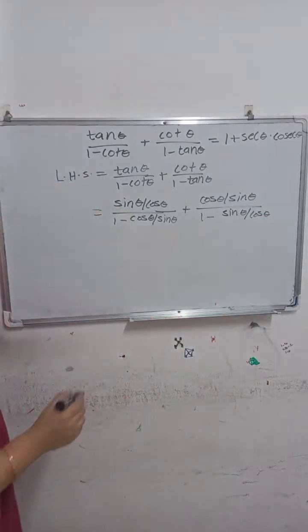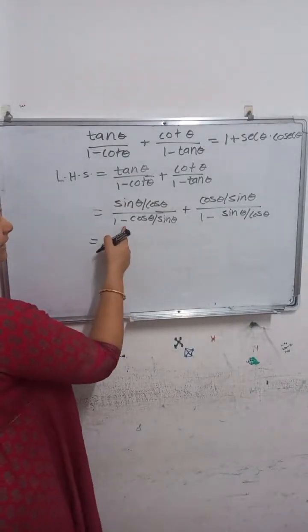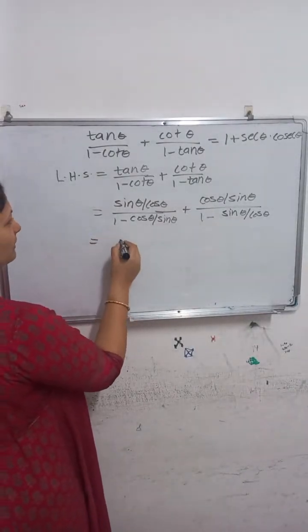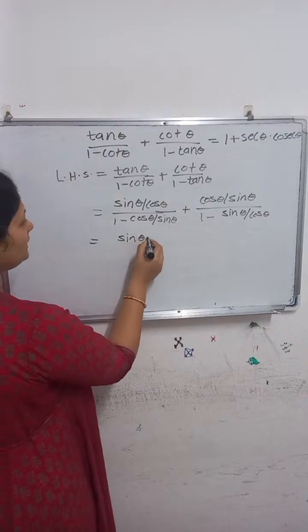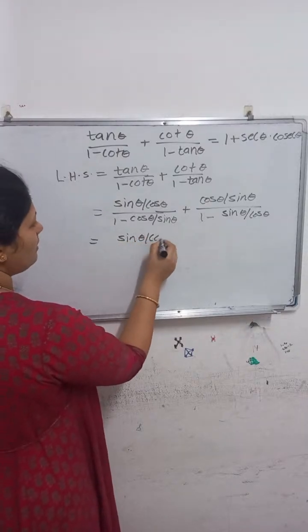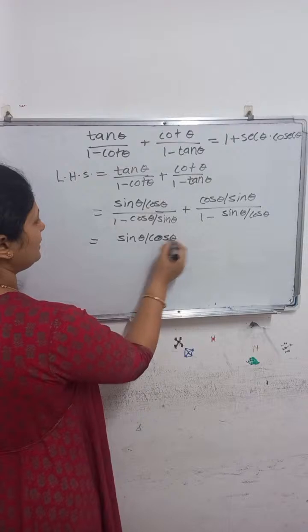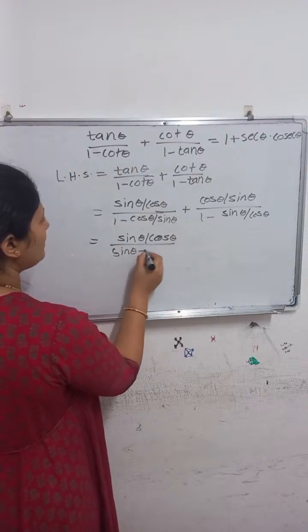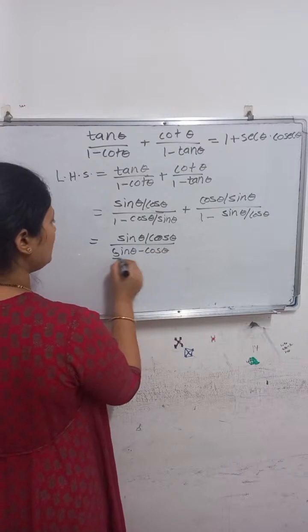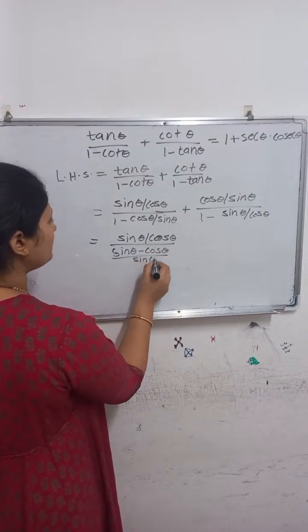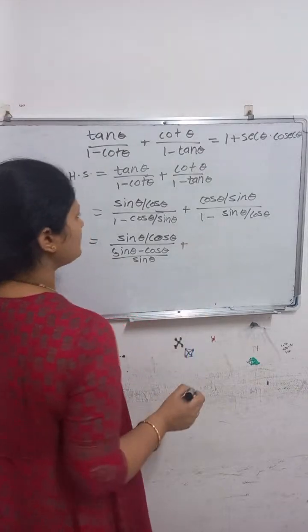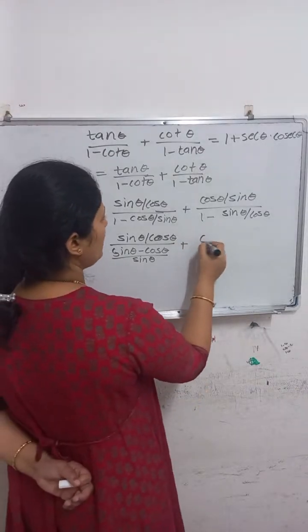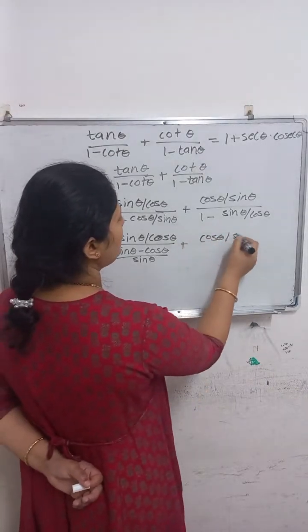Getting this? Now here you can take LCM. Sine theta you can multiply here. So sine theta by cos theta divided by sine theta minus cos theta divided by sine theta, plus again cos theta by sine theta.